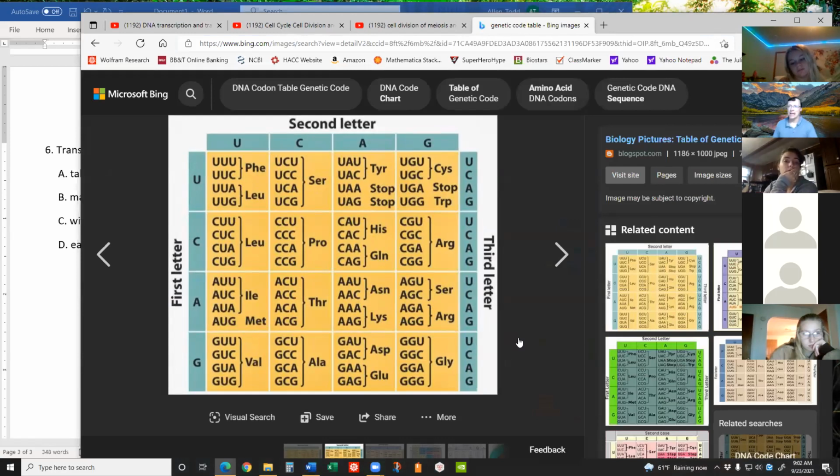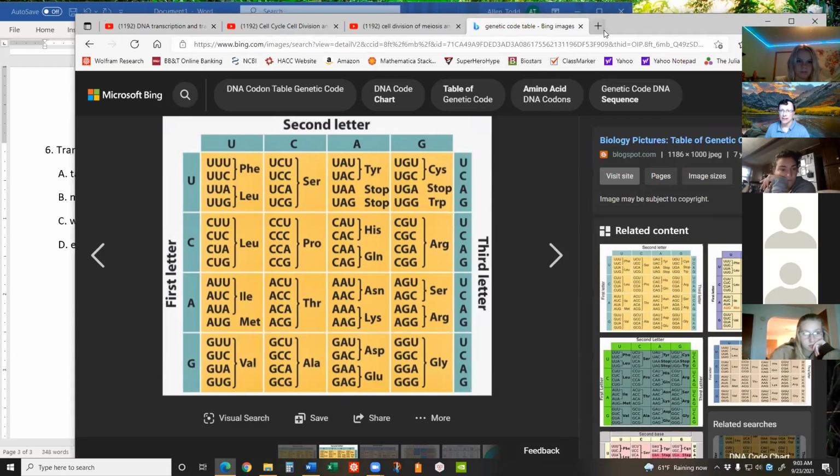All right, any 3 continuous nucleotides like CCU, CCC, CCA, CCG, all of these groups of 3 nucleotides, each group of 3 is a codon, and each one of them tells the ribosome that a proline amino acid should be placed into the protein. Okay, so you don't have to memorize this, but you need to be aware that this thing exists.